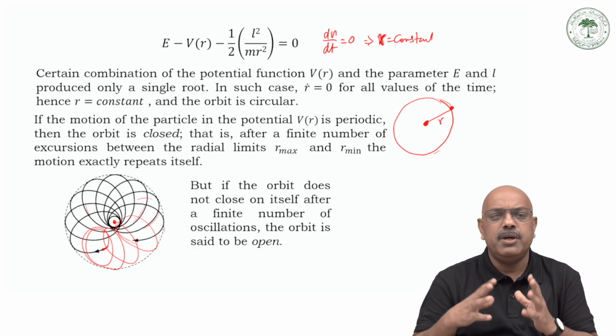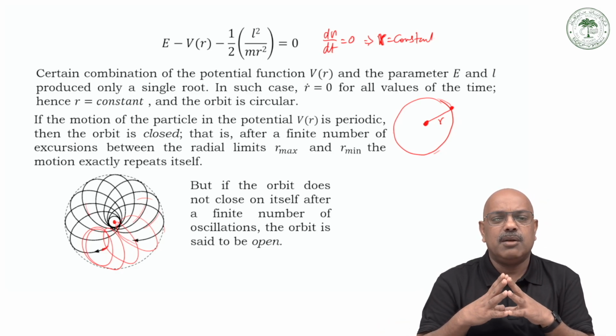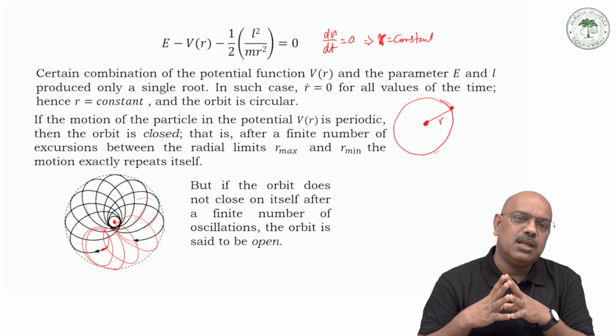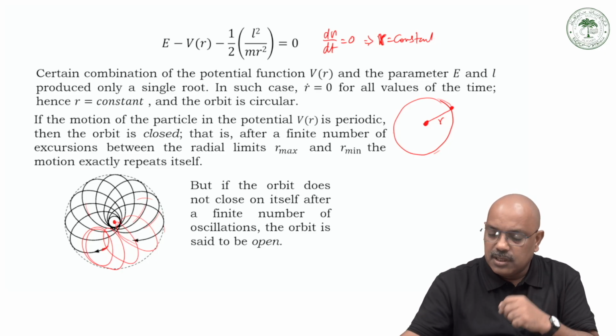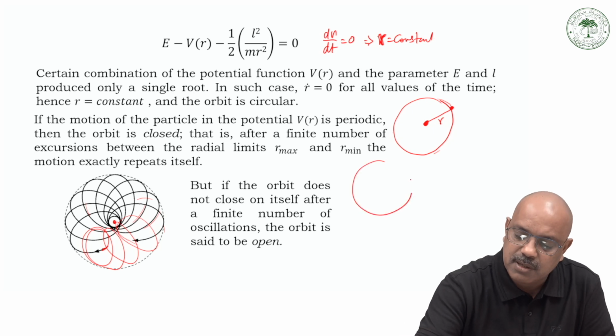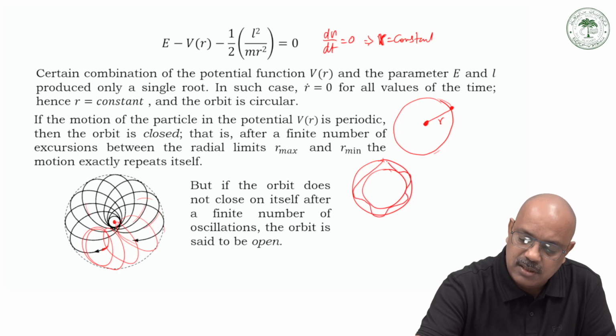But if the orbit does not close on itself after a finite number of oscillations, the orbit is said to be open. It may happen that I have some region where the particle enters, and after doing a certain motion it closes and is repeating itself.